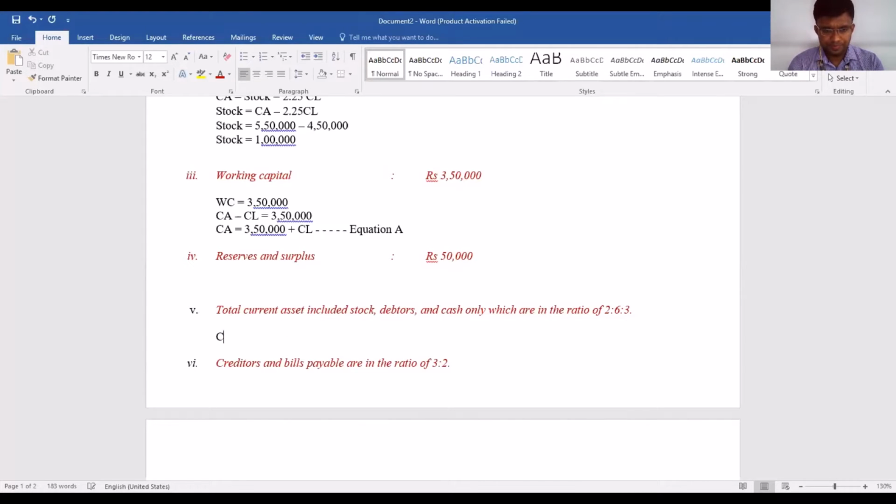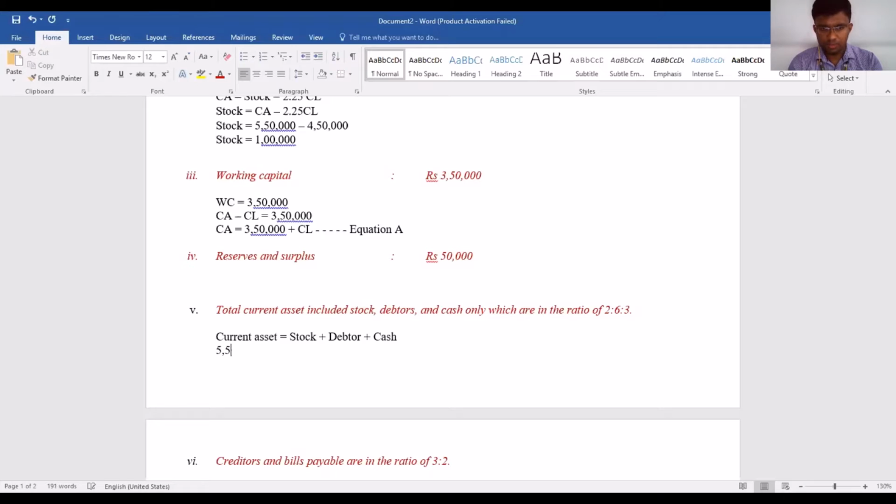So current asset is equal to stock plus debtor plus cash, and then we know current asset is equal to 5,50,000. So all this is in the proportion. Let's assume the unknown factor to be x.